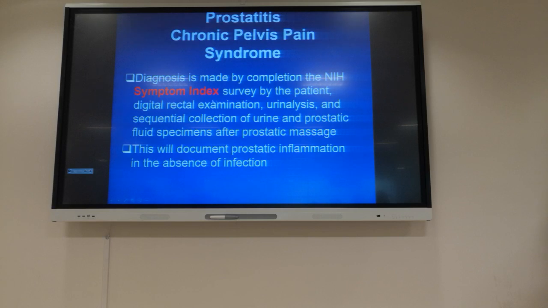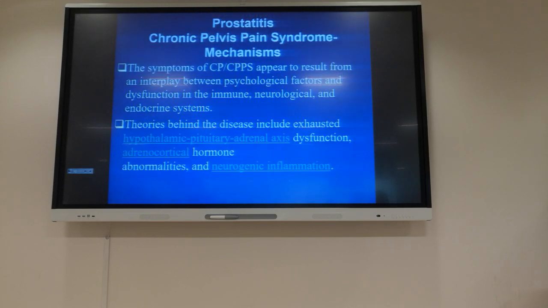You also do a DRE, digital rectal exam, urinalysis, and sequential collection of urine and prostatic fluid specimens after prostatic massage. You're doing all of that to say that inflammation is present in the absence of infection. This is the reason why you're filling in this NIH symptom index.